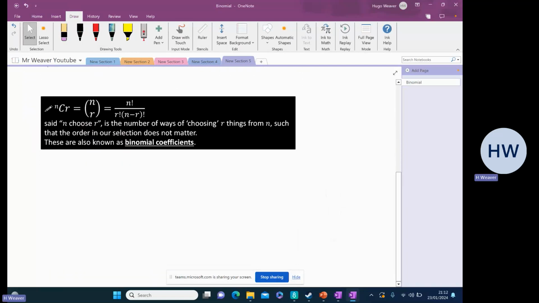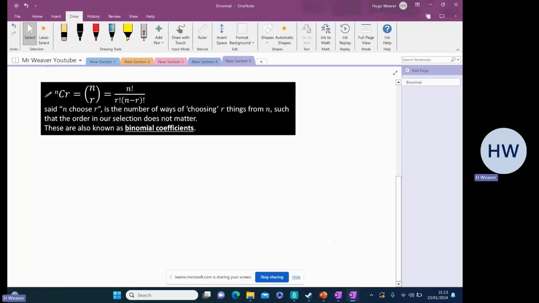Now, to get my second term with the unknown power, I need to say I've got the nth power, and I'm choosing the first position. I've lost my pen, so I'm having to use my finger.